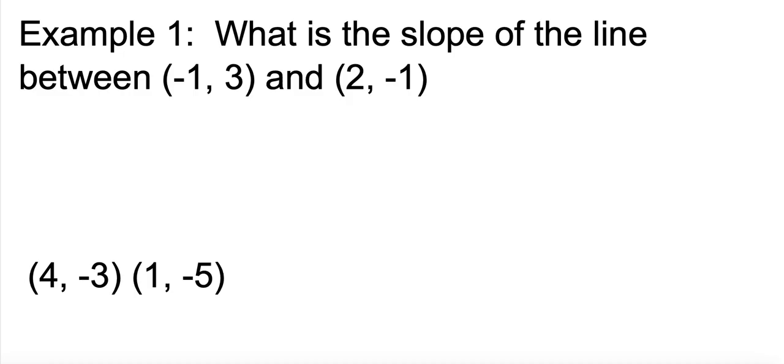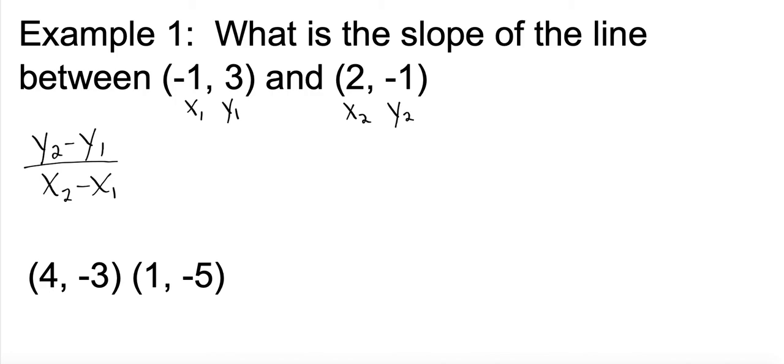On to the next slide here. We're going to calculate the slope of these two. I'll help you with the first one. You do the second one, and we'll give you the answer in a second. My slope formula is y2 minus y1 over x2 minus x1. If you need to, you can write x1, y1, x2, y2 by your coordinates. It might help you organize things.